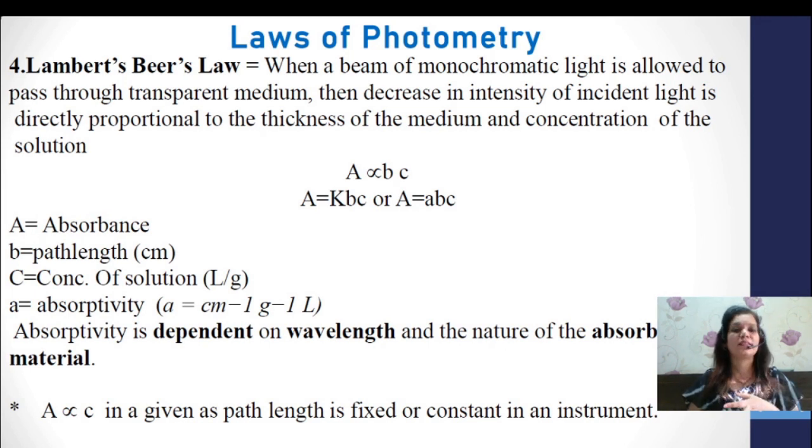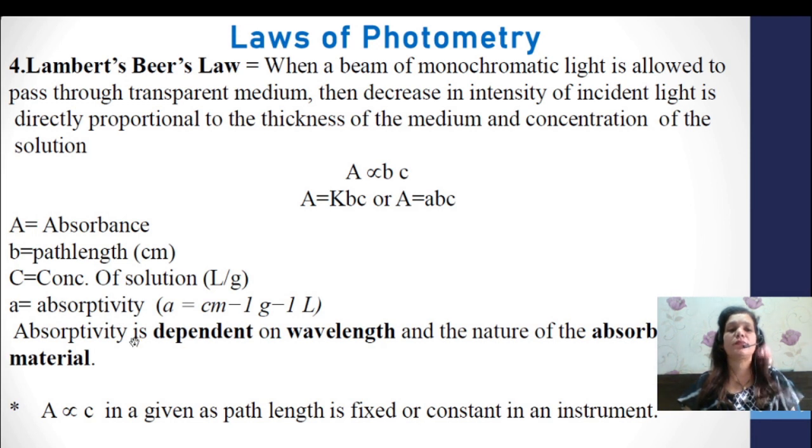A is directly proportional to B as well as C, or A equal to KBC, or A equal to abc. Very good. It is easy to remember this statement, A equal to abc, where A is absorbance, b is path length, c is concentration of solution, and small a is absorptivity, the proportionality constant we have defined here.